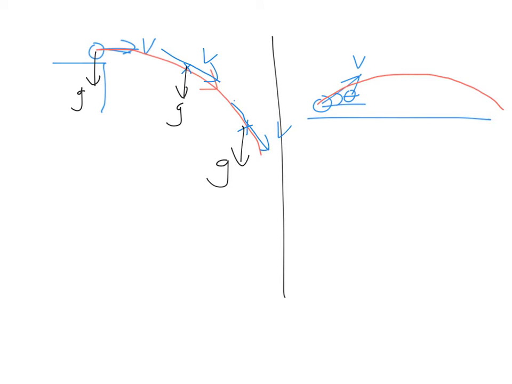Then you get a projectile motion. Even in the second case here, when you reach here, your velocity is also tangent. You reach here, the velocity is also tangent. But the acceleration is always g, and remember, acceleration of gravity is always vertically downwards, so you will get projectile motion.